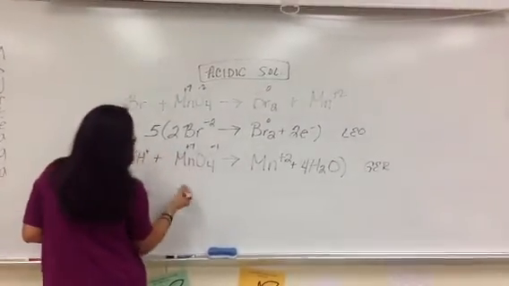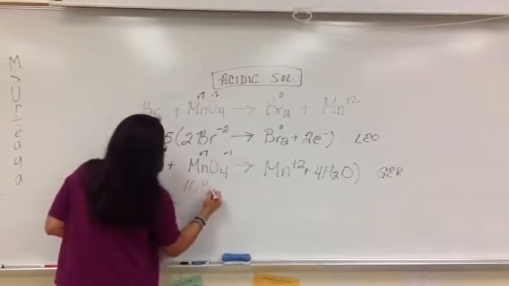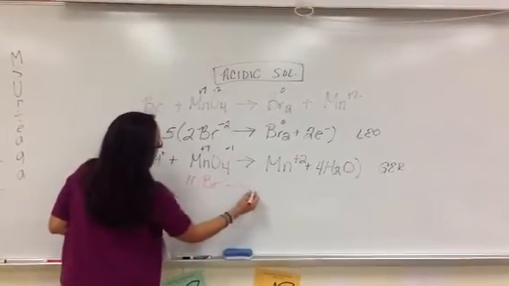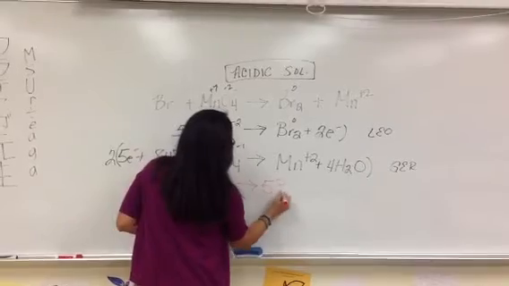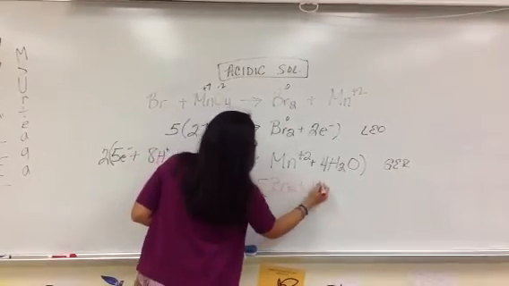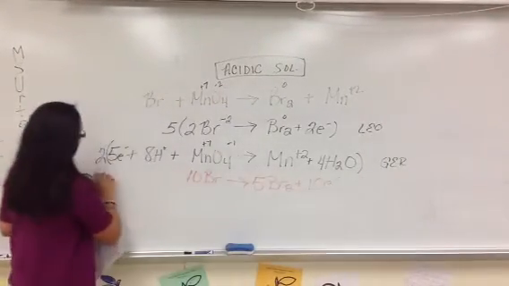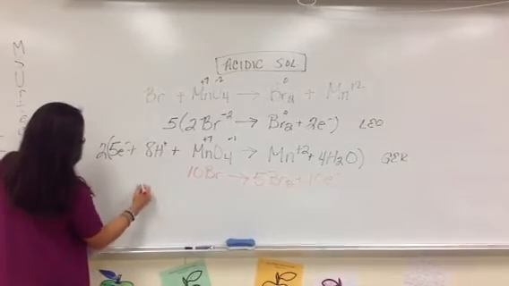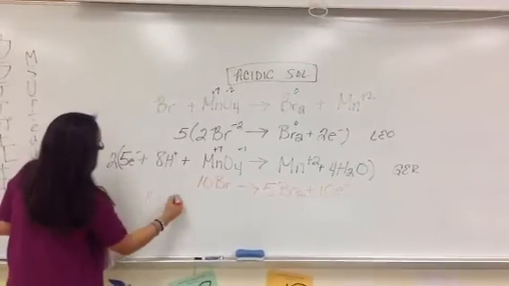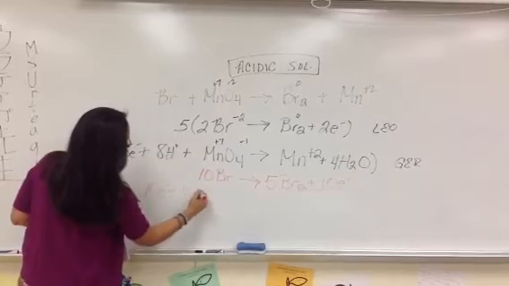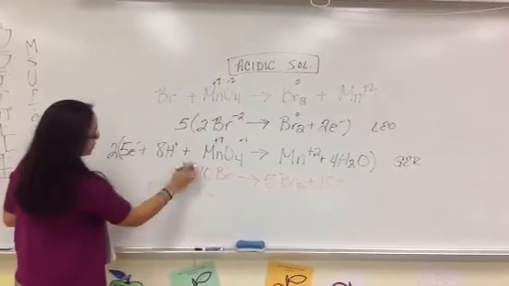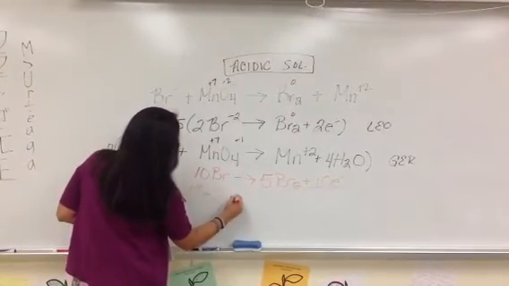Okay, let's go ahead and rewrite this. I have 10 Br-, bromines, 5 Br2 and 10 electrons. Down here I have 10 electrons. I have 16 hydrogens, and 2 permanganates.